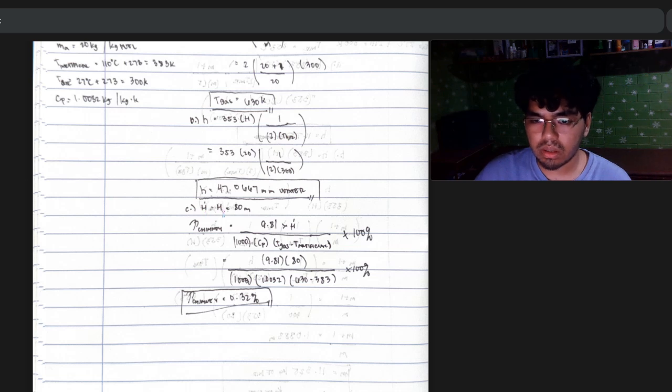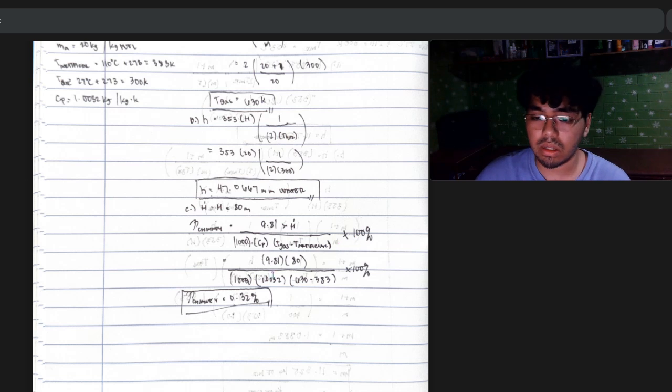And then for letter C, H apostrophe is equal to H, which is 80. So the efficiency of the chimney is equivalent to 9.81 times H times 1000 times specific heat times temperature gas minus artificial temperature times 100%.